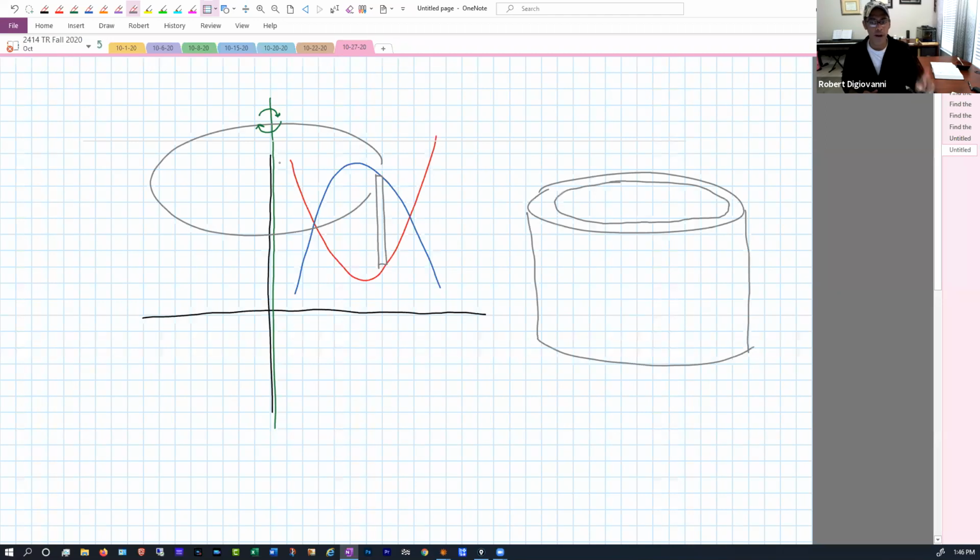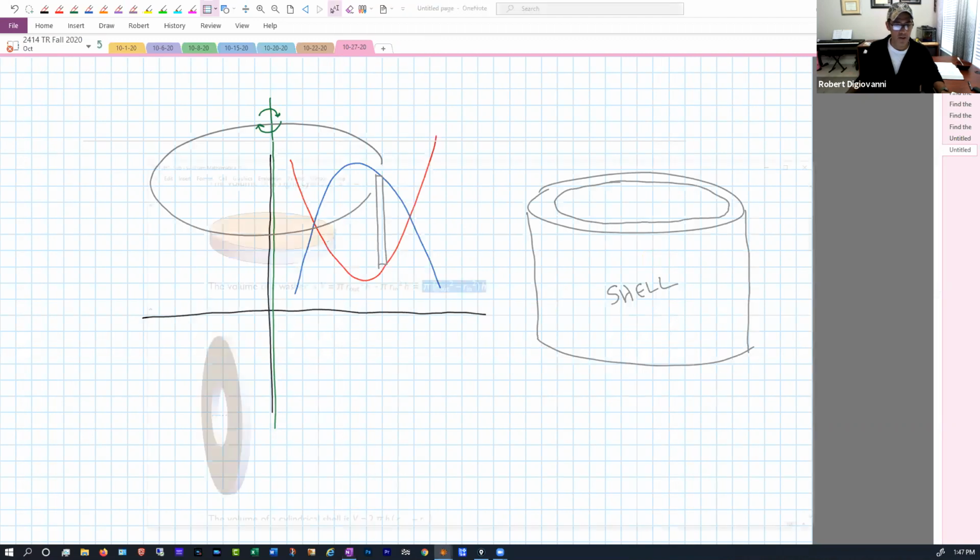That's what would happen if we wrap that around. And this is what we call a shell. All right, that's called a shell. So we've been dealing with washers, and now we're looking at this idea of a shell. Just like before, if we can come up with a formula for one of these shells, then we can use the integral to add them up. So I have an illustration to help us see this.